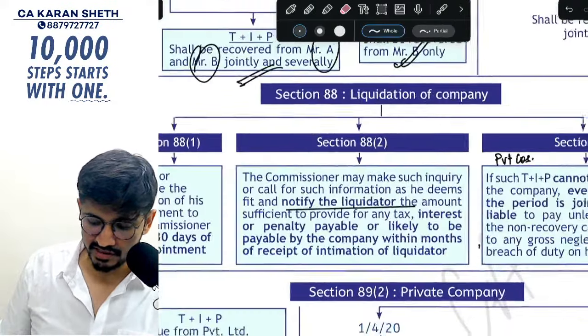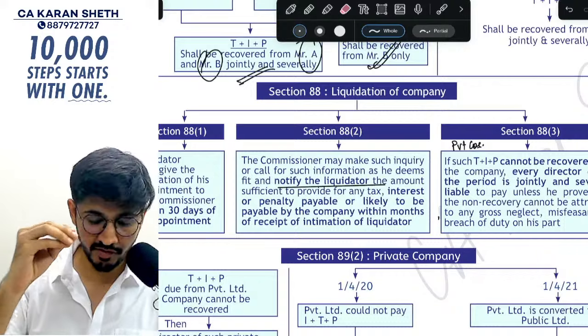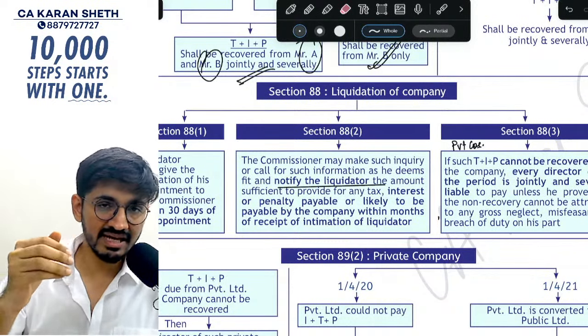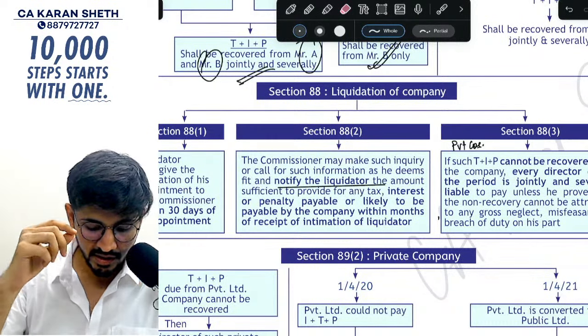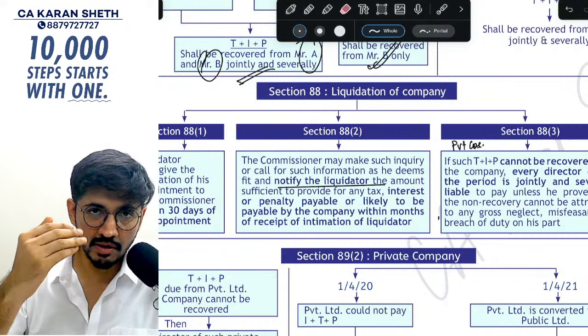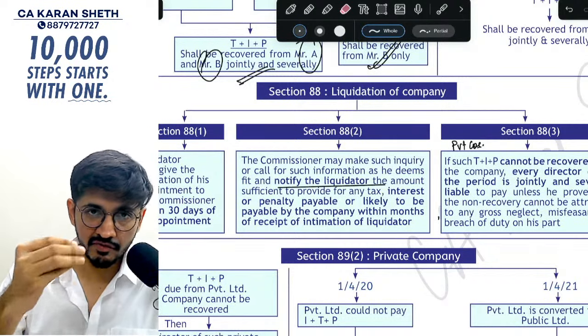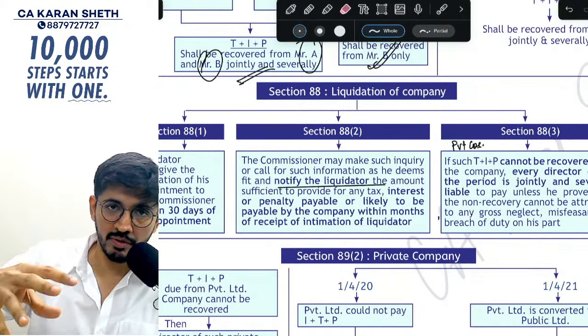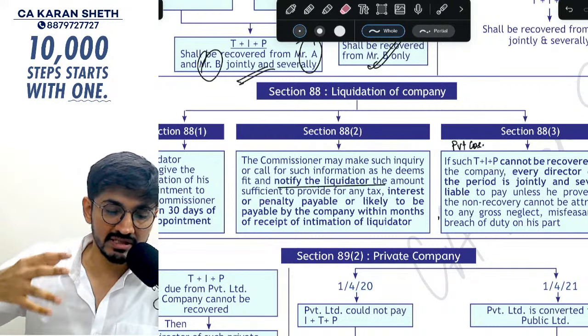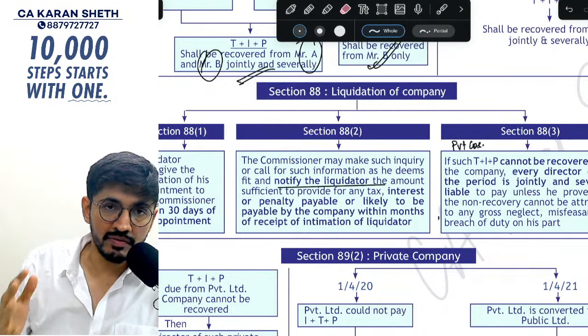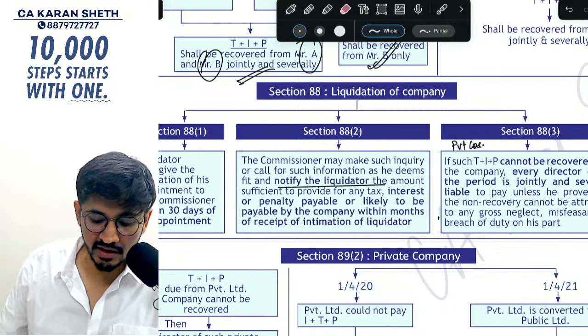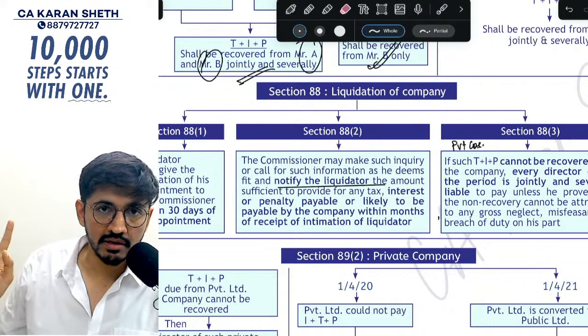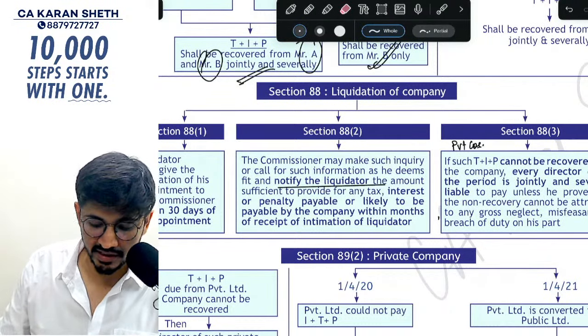So when it comes to section 88, liquidation of company, understand the first thing that the liquidator will do is very simple. It shall intimate the commissioner within 30 days of its appointment that, listen, I am the liquidator of this company. Tell me how much I am supposed to provide for the tax, interest, penalty liability of the company that is getting liquidated.